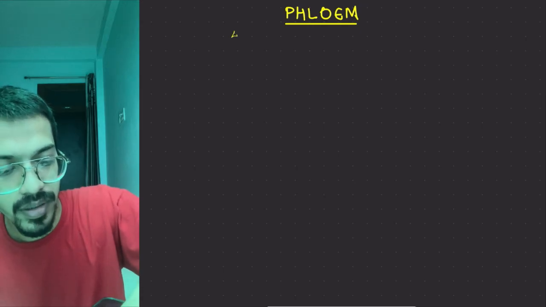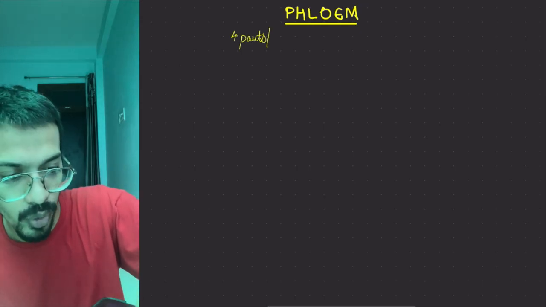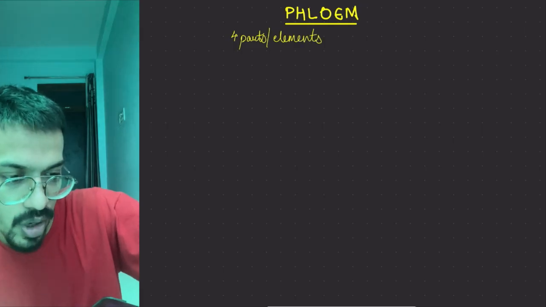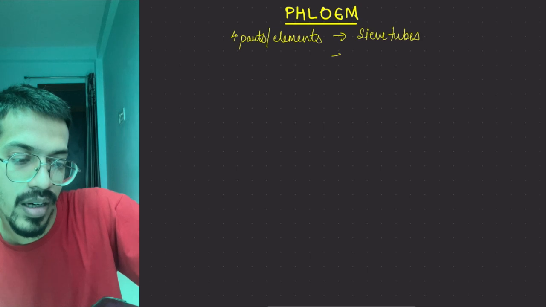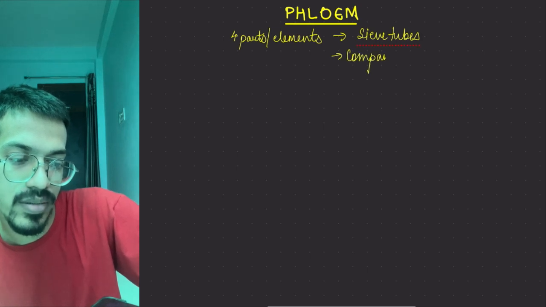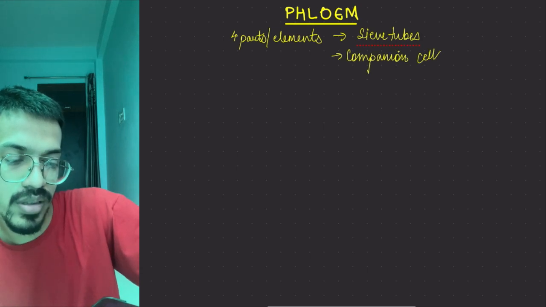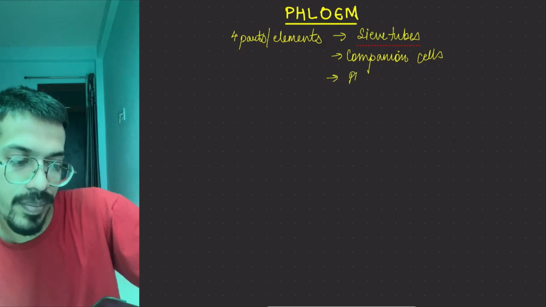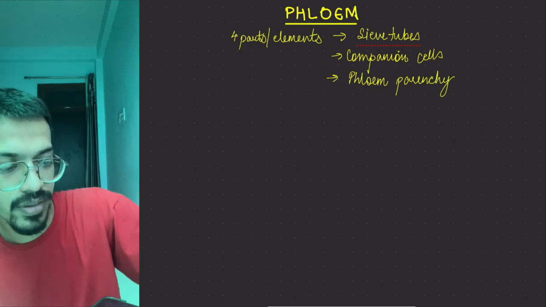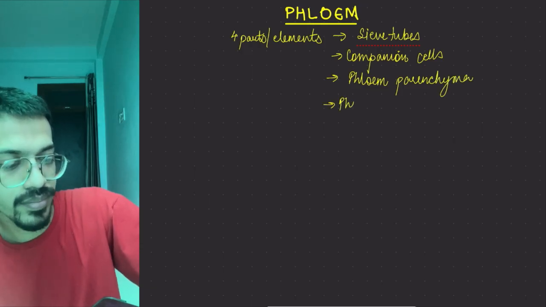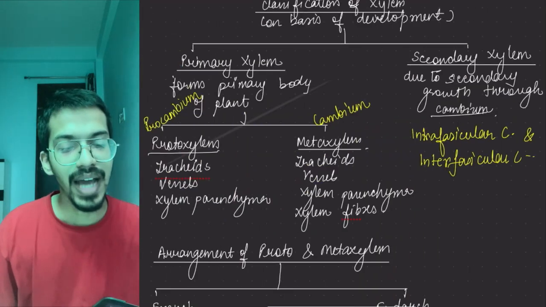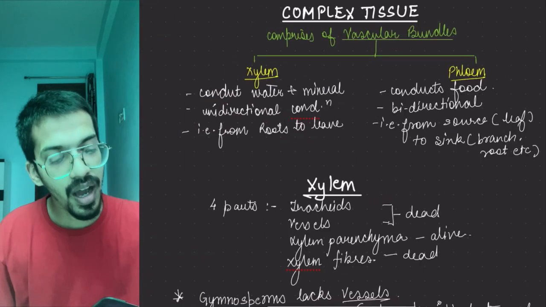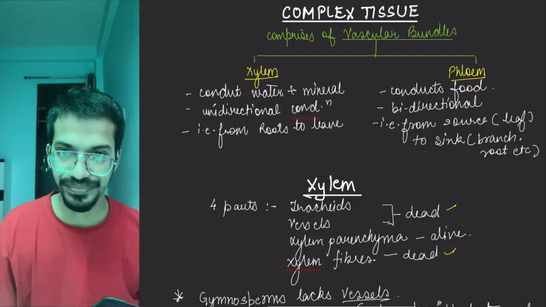So the 4 elements of phloem are as follows: sieve tubes, companion cells, phloem parenchyma, and phloem fibers.